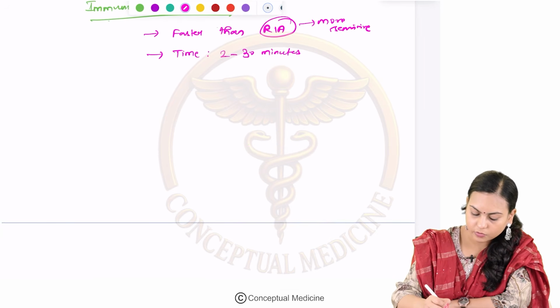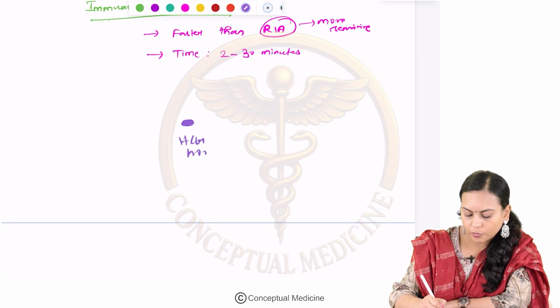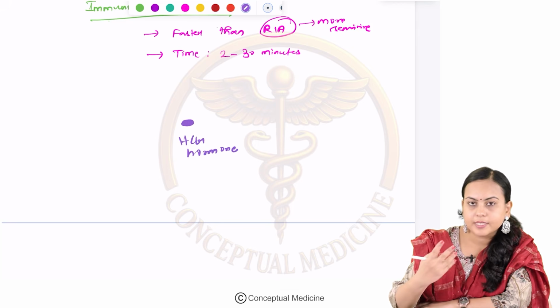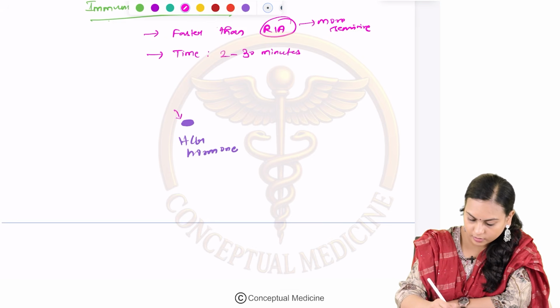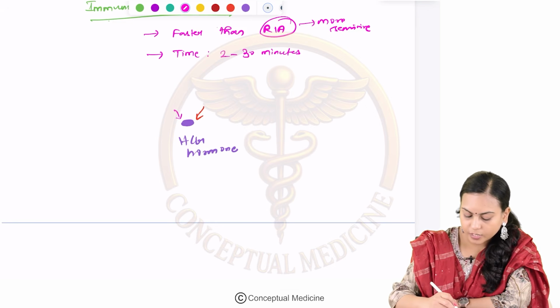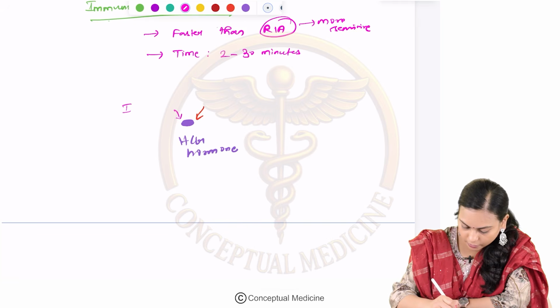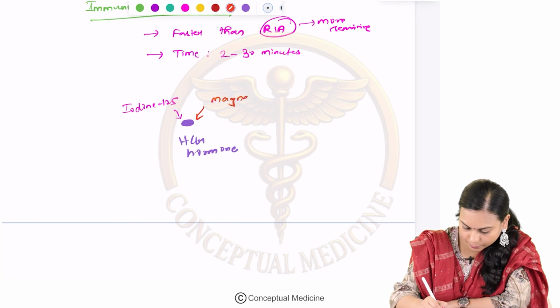What we'll be going to do in this test is, we'll be taking the antigen we are targeting, that is the HCG hormone, and we'll be sending two monoclonal antibodies targeting different sites of the antigen. 1 and 2. So this first antibody is bound to iodine 125 and the second antibody is bound to some magnetized particles.